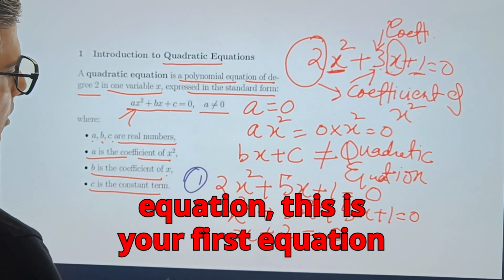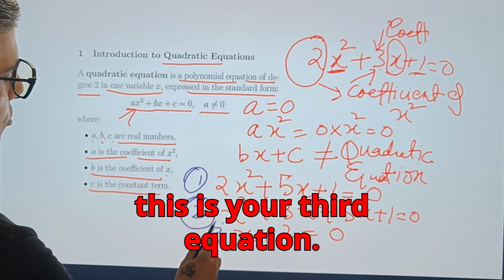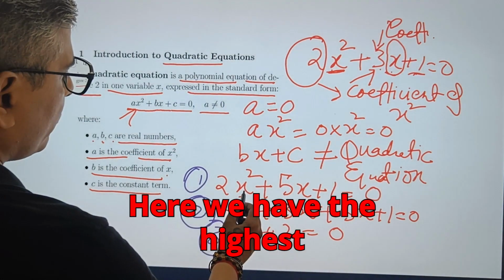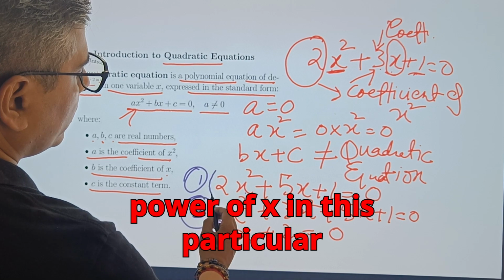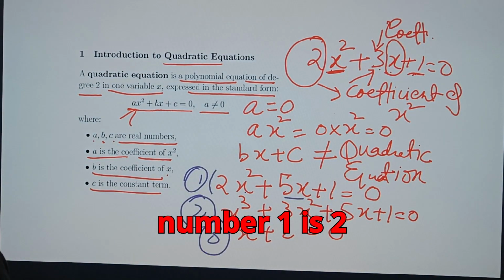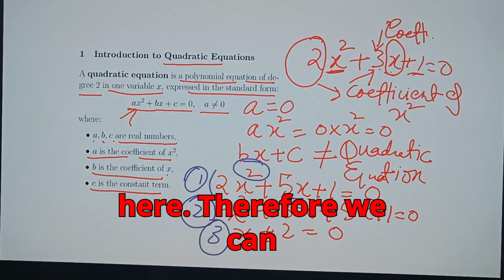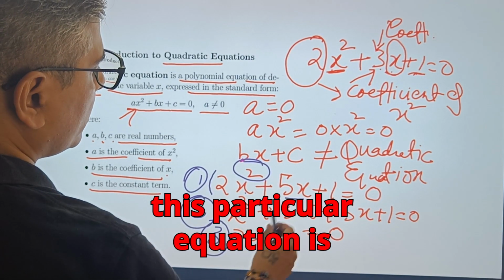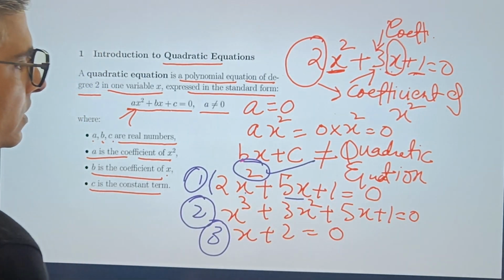This is your first equation, this is your second equation, and this is your third equation. The highest power of x in equation number 1 is 2. Therefore, we can say that the degree of this equation is 2.